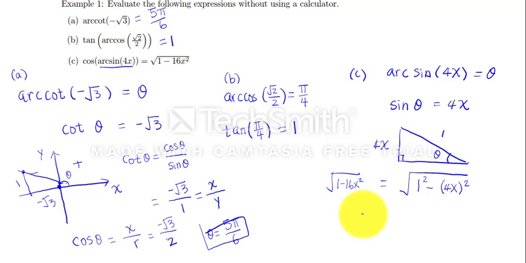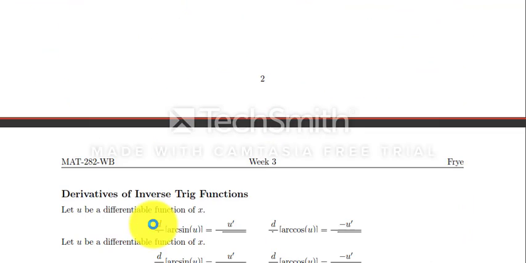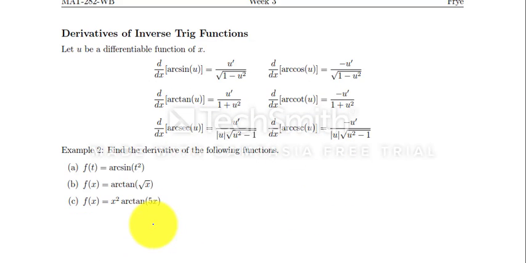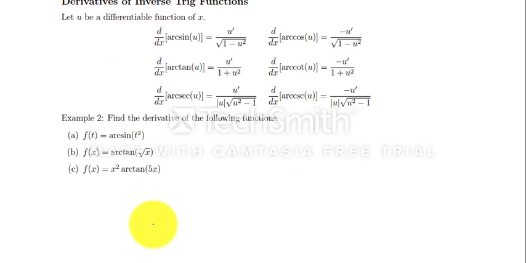And to calculate cosine, it's just adjacent divided by hypotenuse.